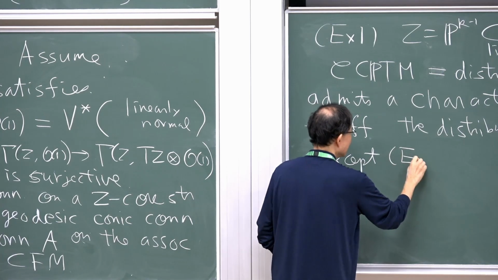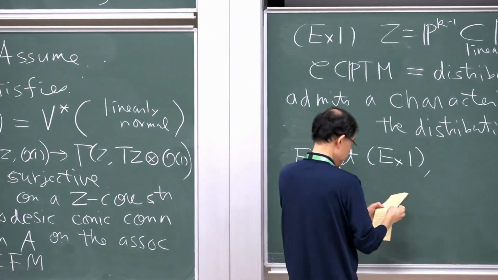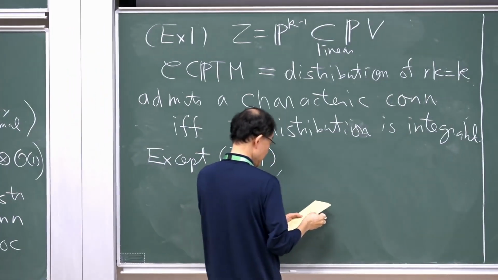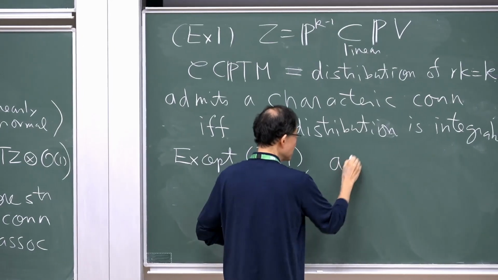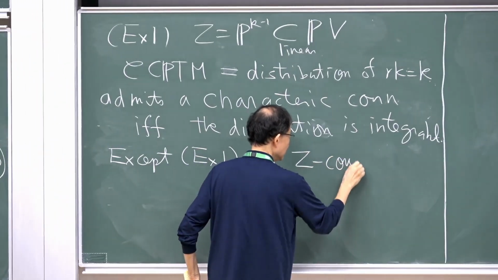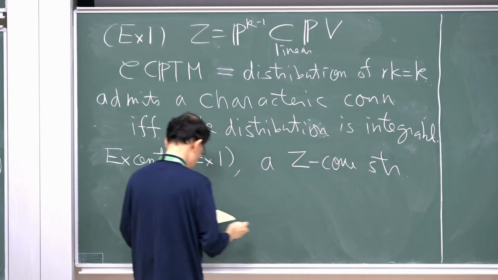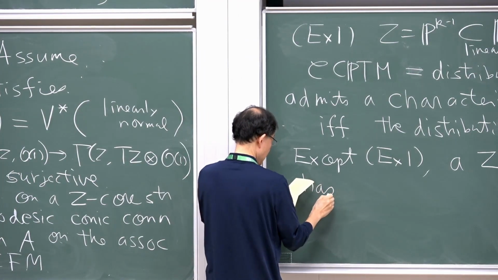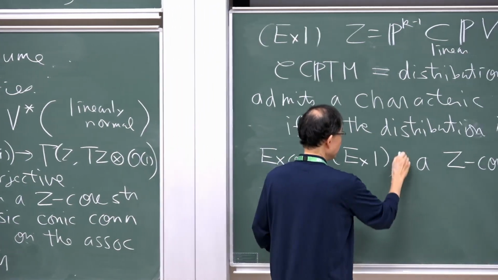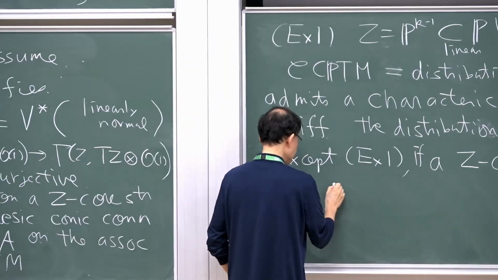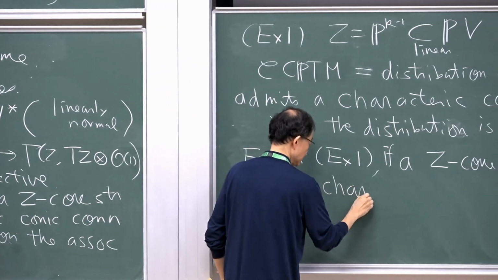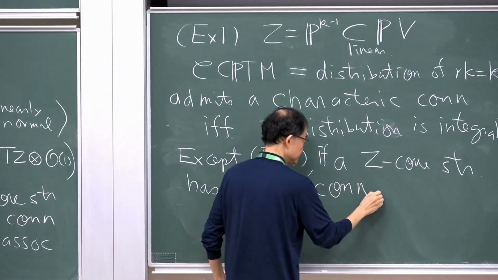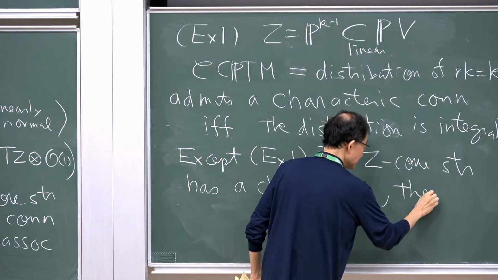Example 1: a G cone structure. If a G cone structure has a characteristic connection, then it is unique.